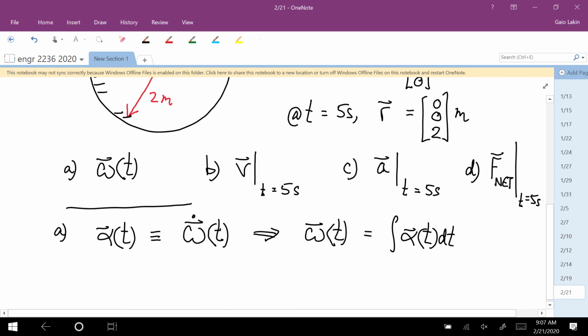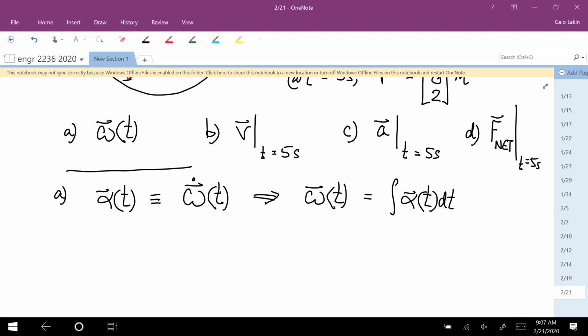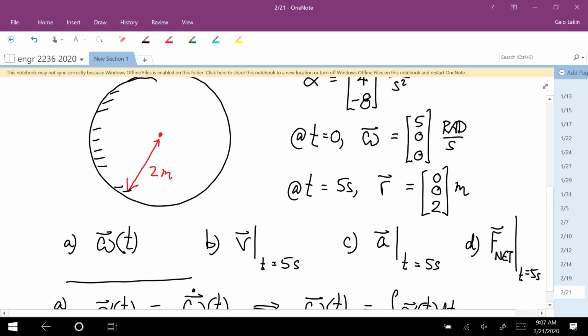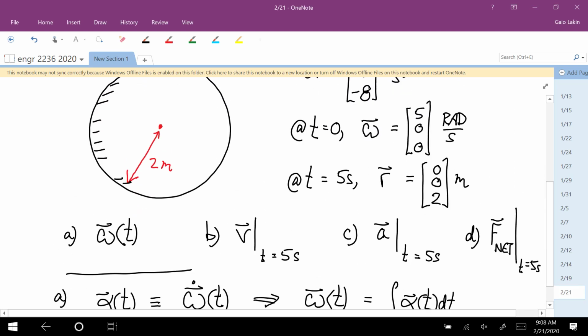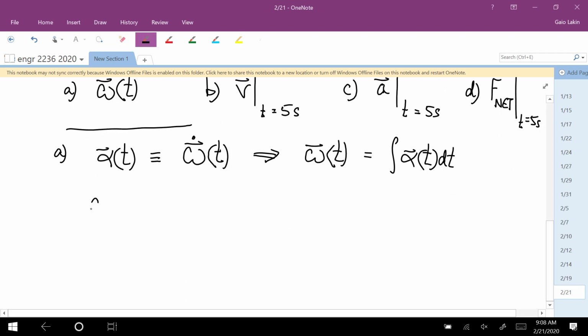That's what we have to do for part A. We have a constant angular acceleration of 0, 4, negative 8, so we integrate the individual components.